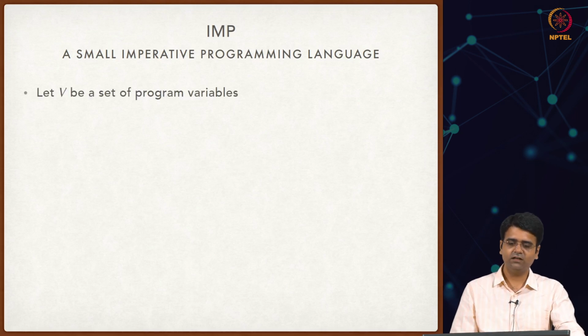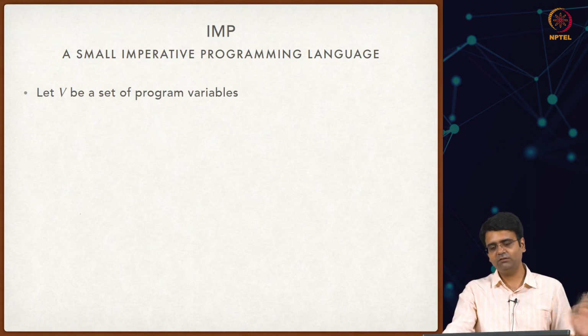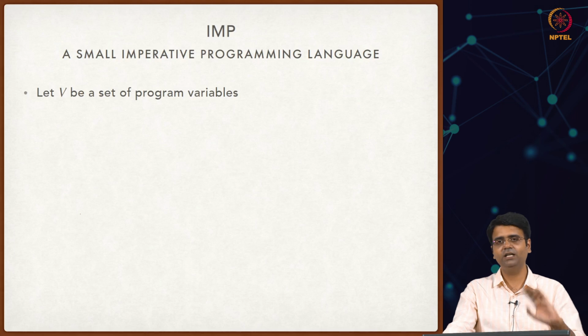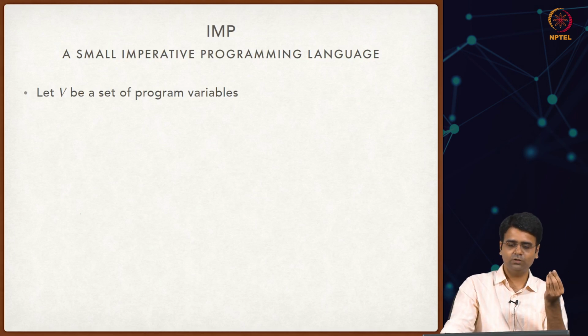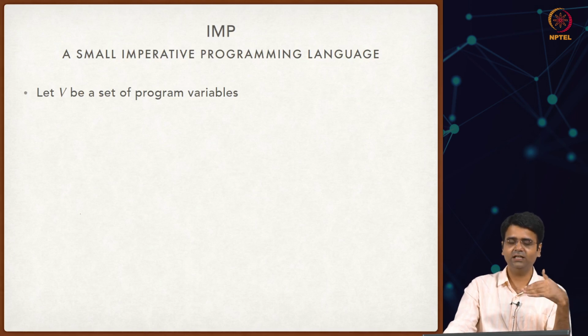Let us first define some necessary notation in order to write programs in this IMP programming language. At the very beginning, we will start off with a set of program variables. In the IMP programming language, we are not going to allow variable declarations. At the very beginning we will say what the set of program variables is, and then we won't actually declare the program variables as they appear in the program.